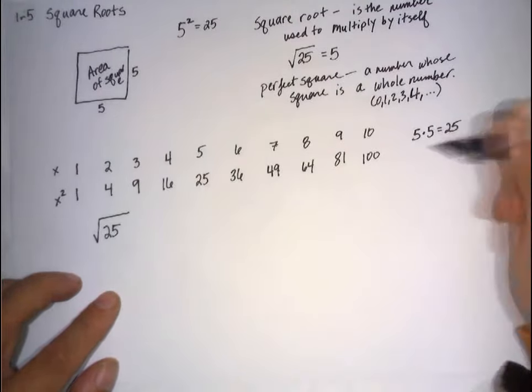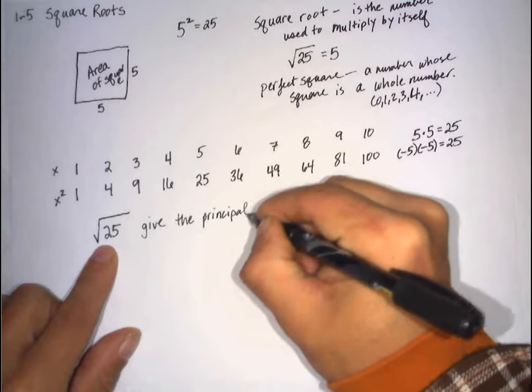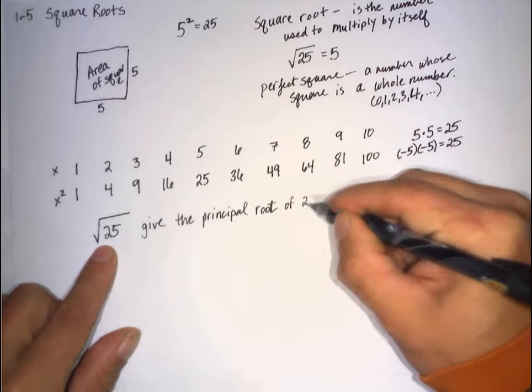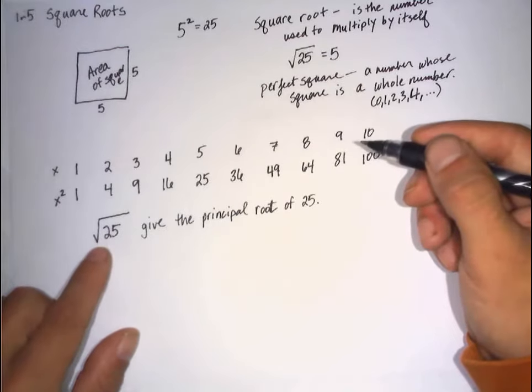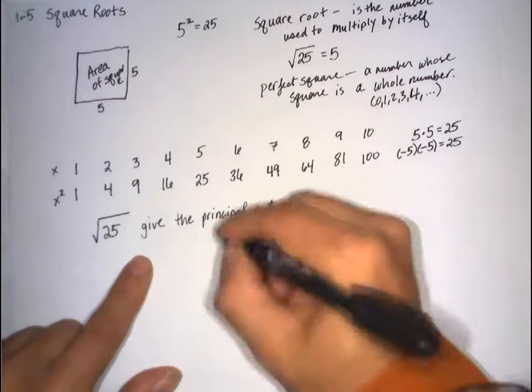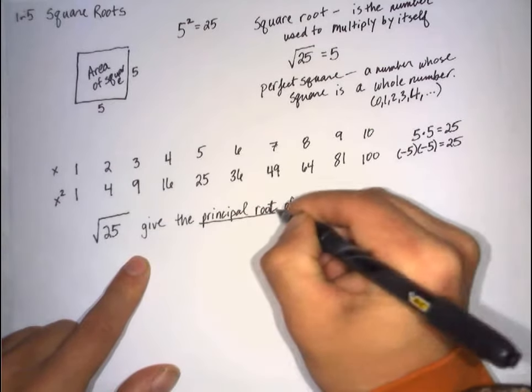However, this symbol means give the principal root of 25. The principal root is the positive root.